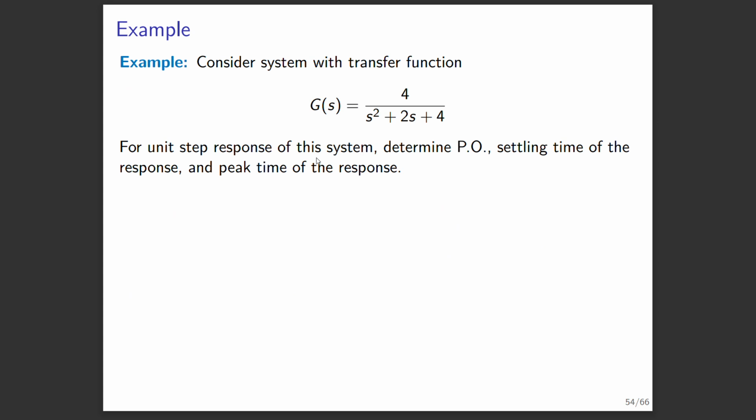And let's see a few examples. Consider the system below. We want to find percentage overshoot, settling time, and peak time for a unit step. Is this written in standard format? Yes.